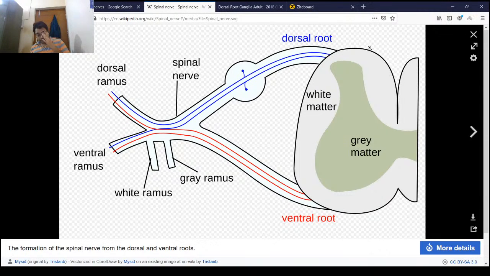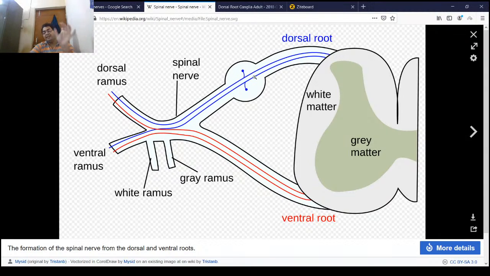So now there are multiple rootlets, meaning multiple axon fibers which are coming out from the dorsal part of the spinal cord. Now this is known as the dorsal root ganglion.